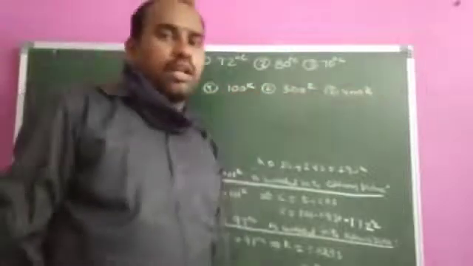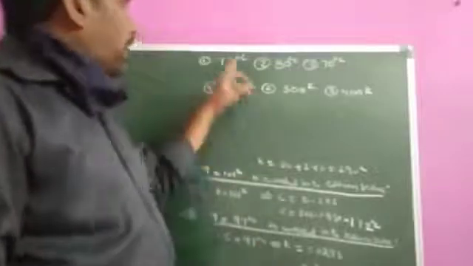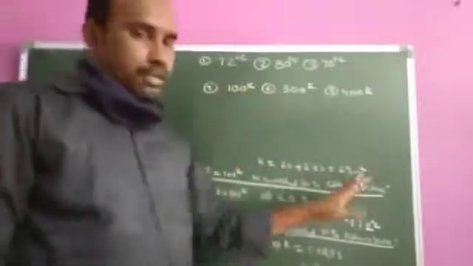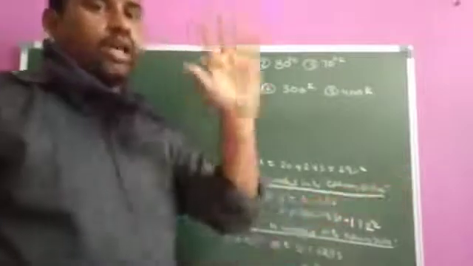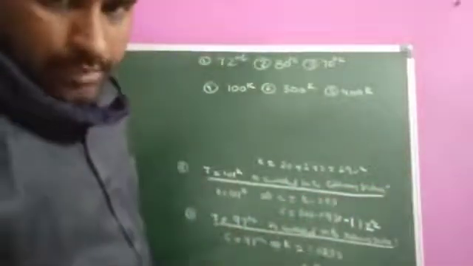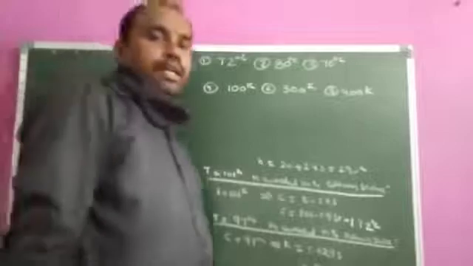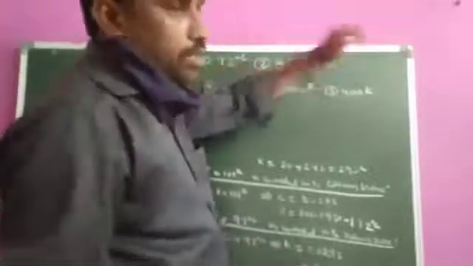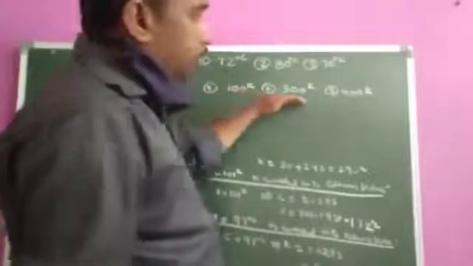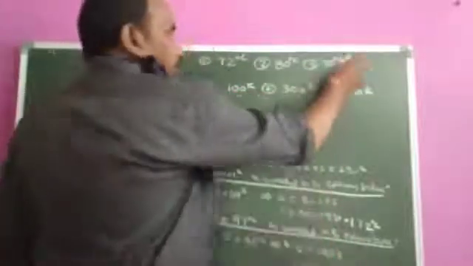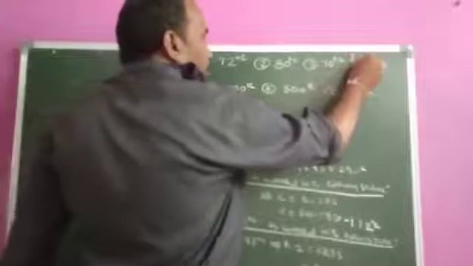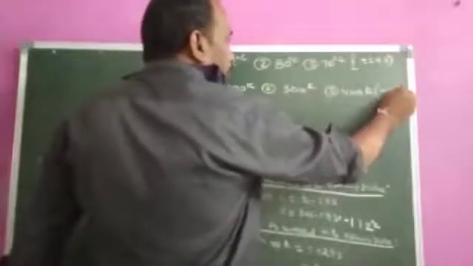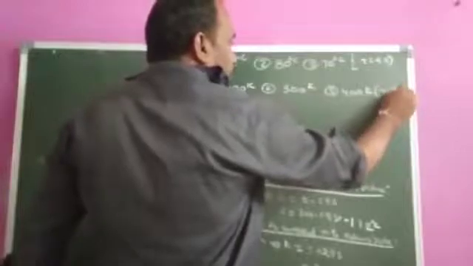Are you all clear? If they give Celsius, just add 273. If they give Kelvin, just subtract 273. That's all. You get an easy 1 mark in the SSC public examination. Clear, all of you? In the first three questions you add 273, and in the other three you subtract 273.